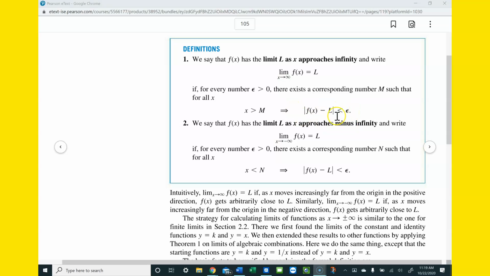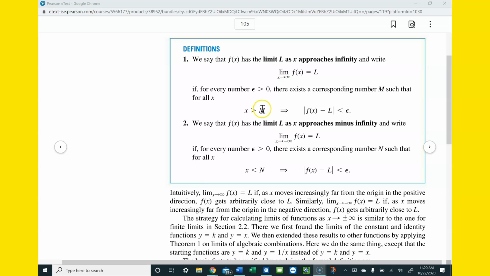So you can again think of this as the skeptic challenge. So the skeptic says, I bet that you can't make the difference between f of x and this value become less than a billionth. And you say, well, if I get x big enough, if I find a big enough x bigger than this number, it'll make the difference between those two things be less than a billionth. And the skeptic said, what about a trillionth?